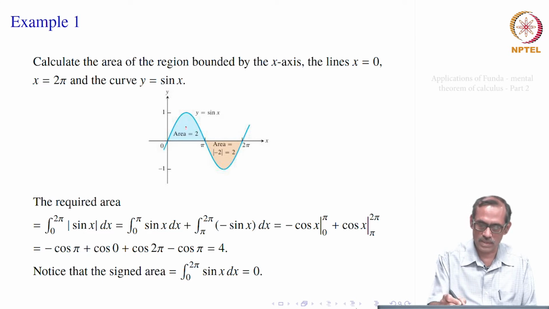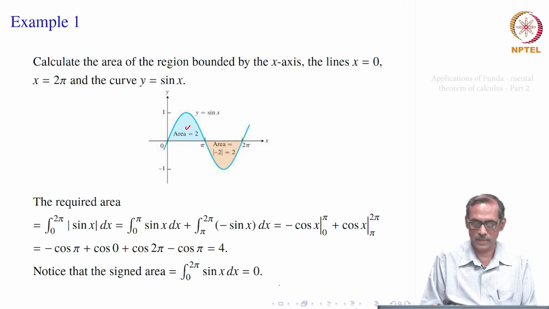Also geometrically you can see this area equal to 2, and if you take the integral from pi to 2 pi of sin x, that gives you minus 2. So, they cancel and give you 0 in the signed area, and you can revert back by taking minus 2 mod, which is the area of the yellow one. So, their sum gives you the actual area, which is also equal to 4.